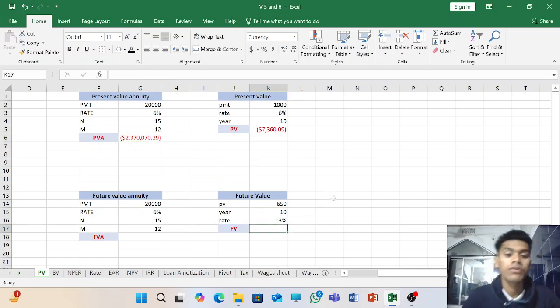Now we calculate the future value and future value annuity. This is the same process as the present value and the present value annuity. So let's start.